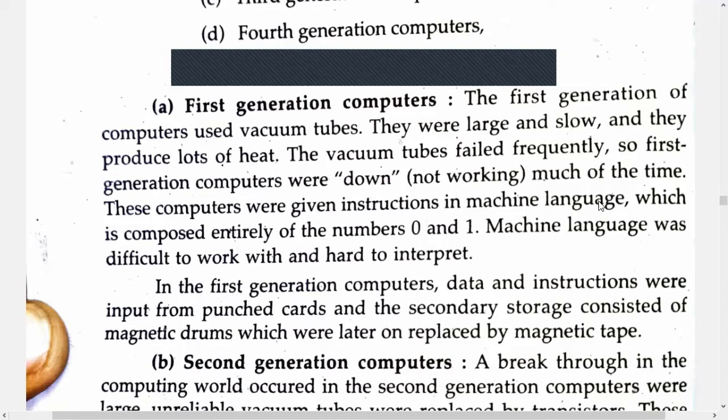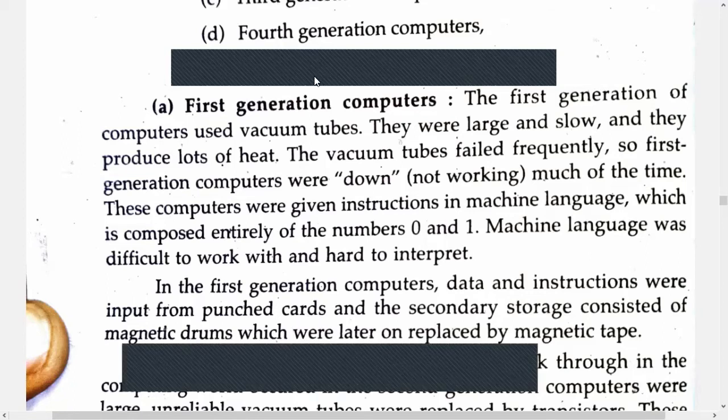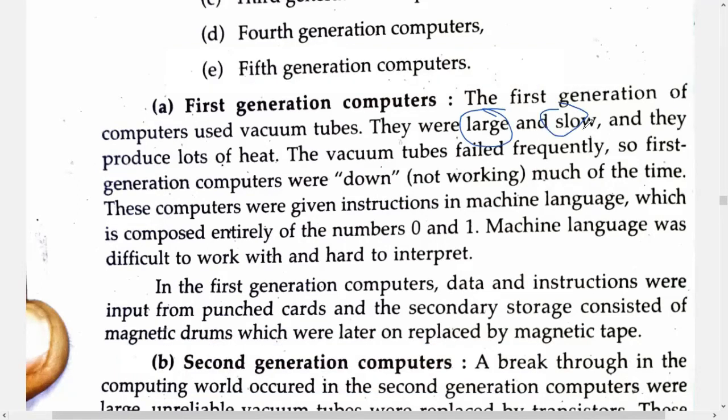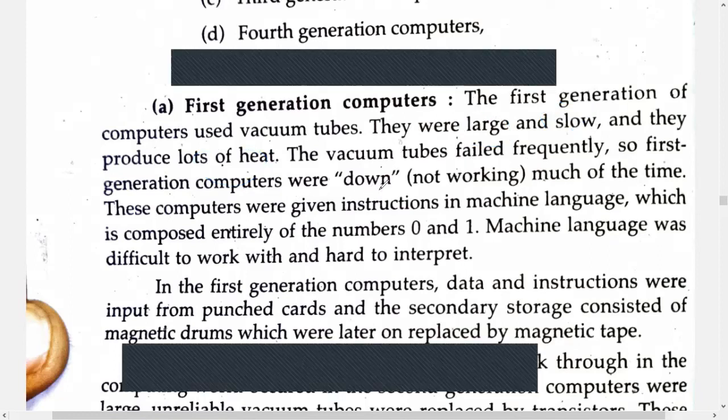The first generation computers used vacuum tubes. They were large and slow. They also produced lots of heat. The vacuum tubes failed frequently, so first generation computers were down, not working, much of the time. These computers were given instructions in machine language, which is composed entirely of the numbers 0 and 1.